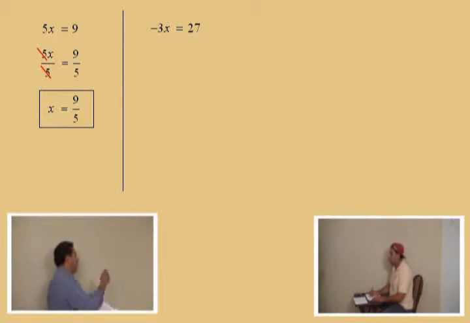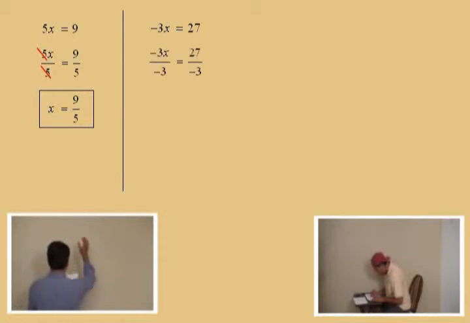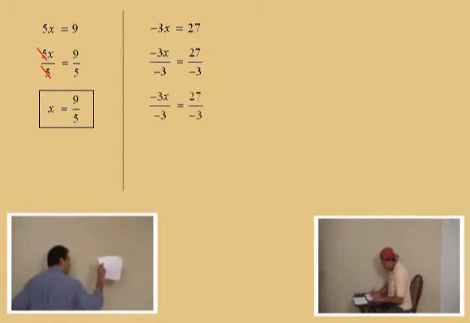And so, Charlie, here we have negative 3x equals 27. So what do we divide both sides by, Charlie? Negative 3. Negative 3. Very good. So we'll go ahead and do that and show that right there. Negative 3x over negative 3 equals 27 over negative 3. Now notice, I'm going to write down an additional step here. And I want you to understand that negative 3 divided by negative 3 is what, Charlie?